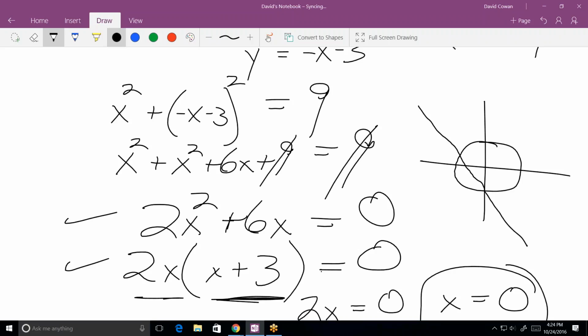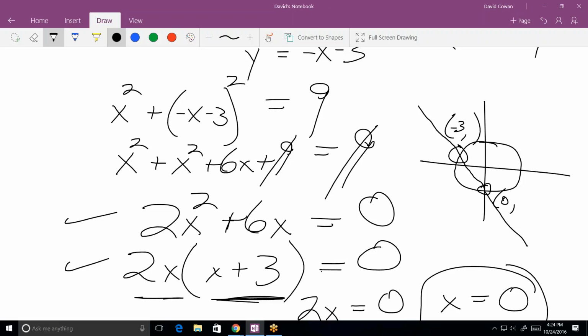In other words, there's the y-intercept. It's got a slope of negative 1. And notice now what my two solutions are. x equals 0 and x equals minus 3. There's the minus 3 x coordinate. And there is the 0 x coordinate.